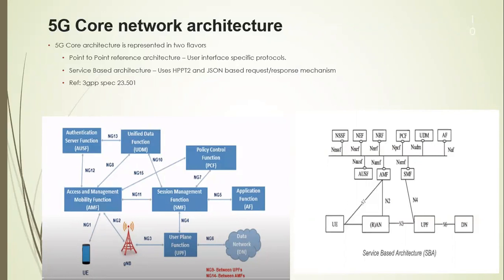In this kind of architecture, the network entities are managed in terms of the functionality they are providing. So each network entity has a well-defined functionality, which is not like in LTE.